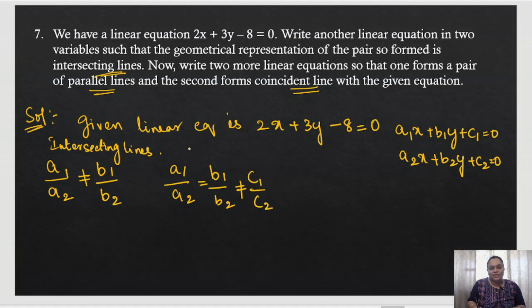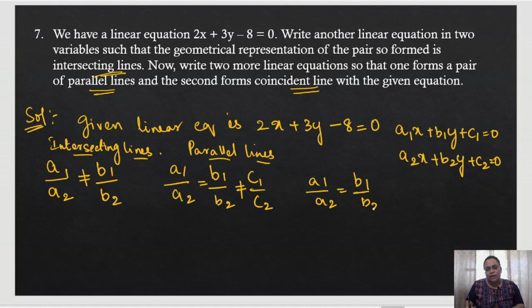And this condition is for the parallel lines. And the last condition is a1 by a2 is equal to b1 by b2 is equal to c1 by c2. And this condition is for the coincident lines.